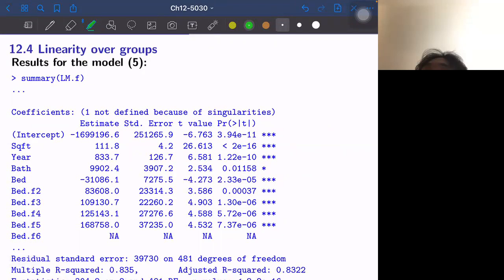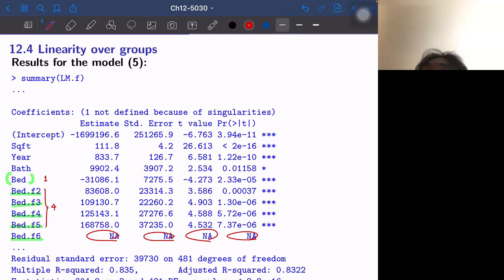The baseline is 0 bedrooms, then the factor for 2 bedrooms, 3, 4, and 5 bedrooms. And this is redundant.